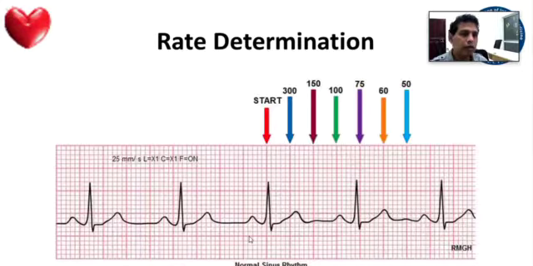In many ECGs, the patients are in sinus rhythm and the heart rhythms are regular, so you can apply this method. But if the QRS complexes are irregular as in atrial fibrillation, then there are other methods to calculate the heart rate. I will show you when we go there. So this is the first learning point.